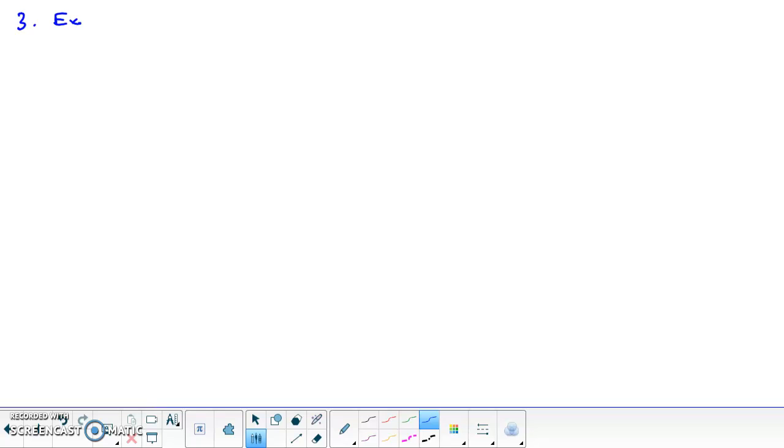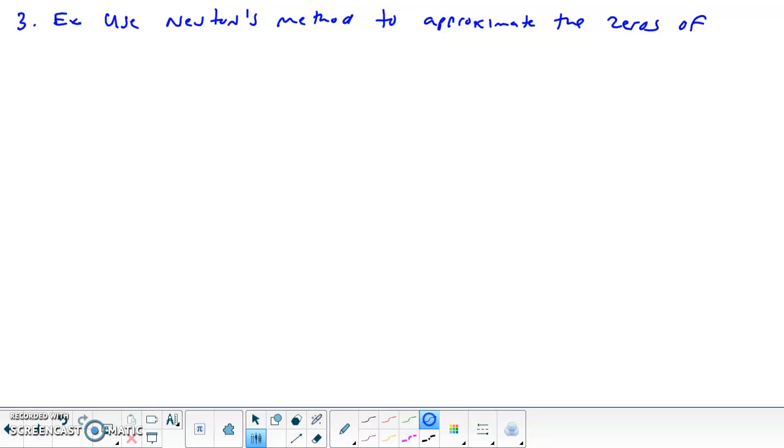So here's the question. Use Newton's method to approximate the zeros of, here's our function, f of x equals 2x cubed plus x squared minus x plus 1, to within, I'm going w/i, because without is w/o, right?